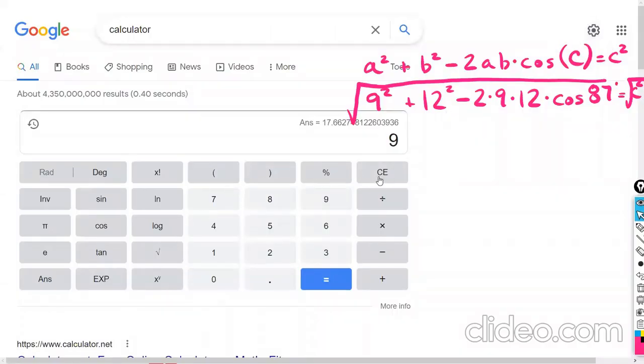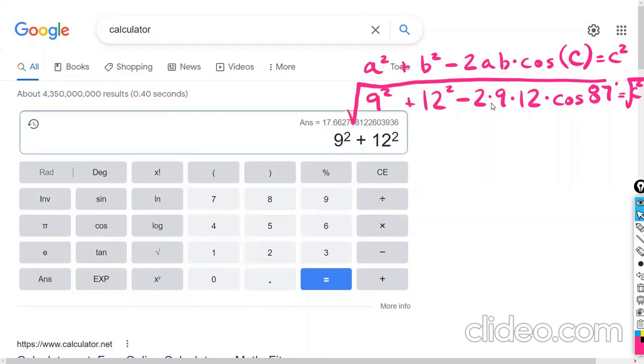Okay, I couldn't find x squared at first. So here's 9. Click inverse, INV, and then you'll see the x squared. So it's going to be 9 squared plus 12 squared. Again, click inverse, and you'll have the x squared here.